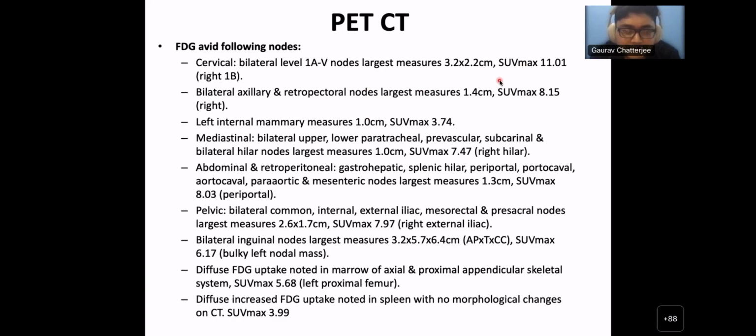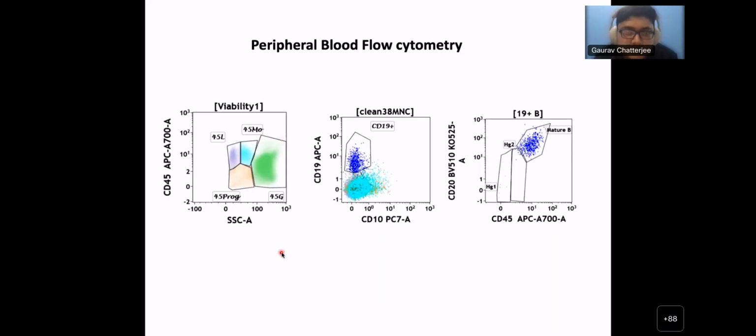A higher SUV max will usually indicate a high grade lymphoma. In this case, all the SUVs were less than 10, but the level of involvement seems to be quite extensive, right? There is supradiaphragmatic as well as infradiaphragmatic involvement, and there is spleen and liver as well. So those are the things we have already discussed.